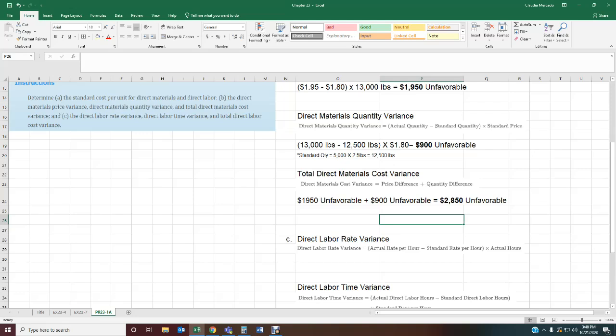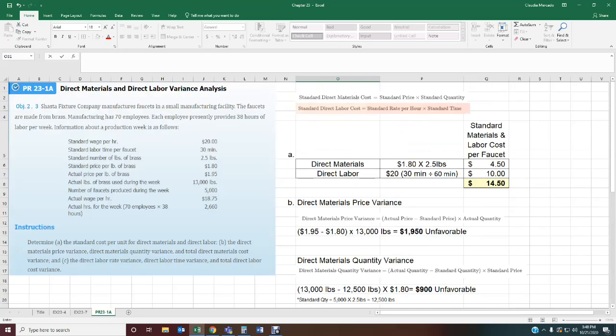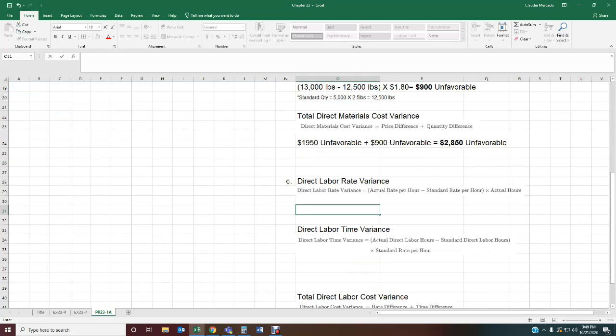Direct labor rate variance. So the direct labor rate variance is your actual rate per hour minus your standard rate per hour times your actual hours. So my actual rate per hour, the actual wage per hour, is $18.75.